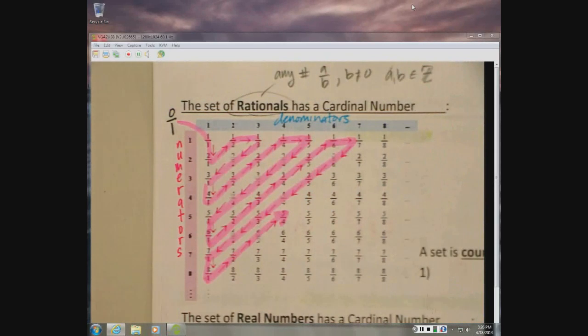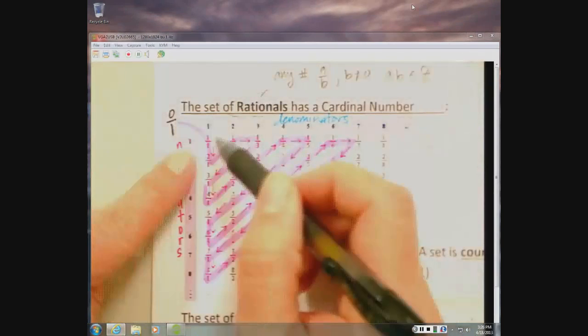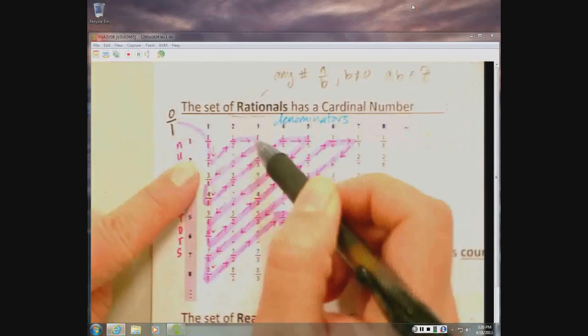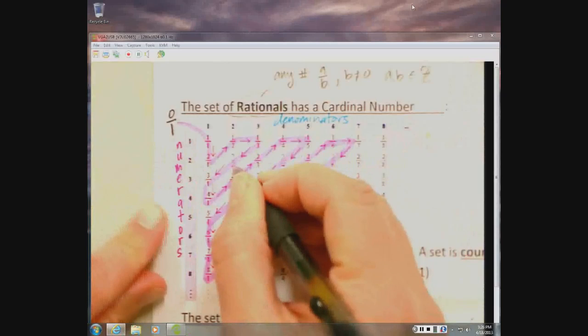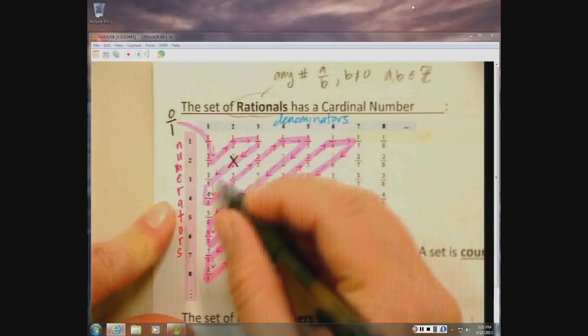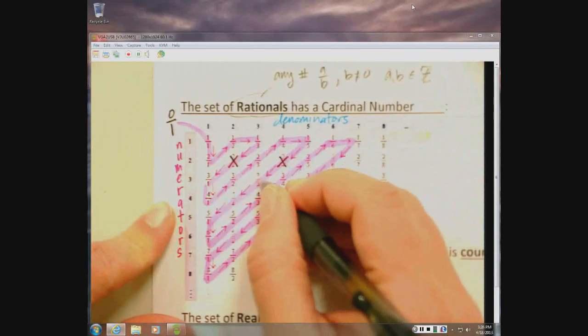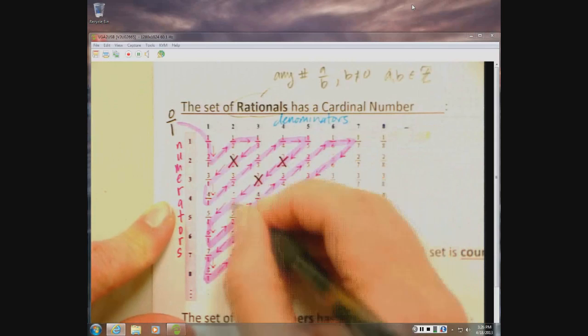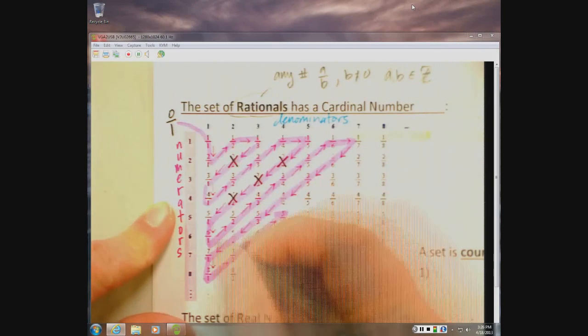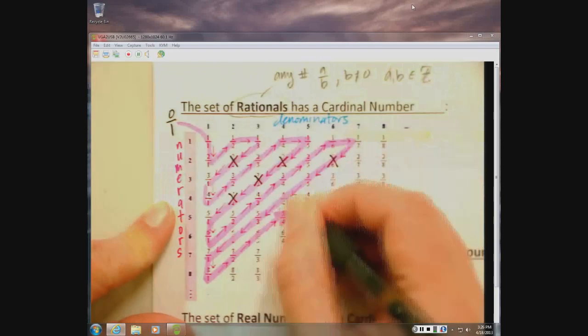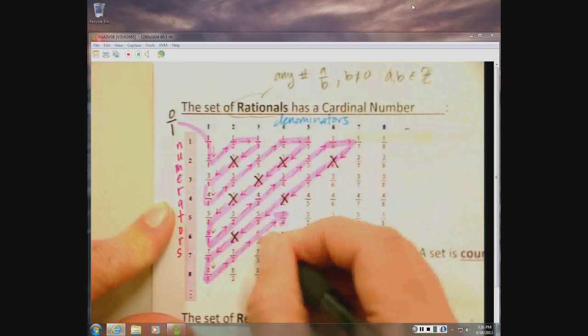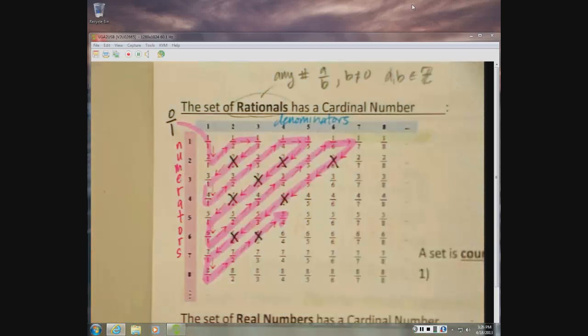As we're going through, I have 0, 1 over 1, 2 over 1, 1 over 2, 1 over 3, and then I get to 2 over 2. This is a duplicate, so we're just going to cross that out. I go through, 2 over 4, that's the same as 1/2. We already did that, cross that out. 3/3, cross that out, cross that out. And so you just go through and you eliminate the ones that are repeats as you go.